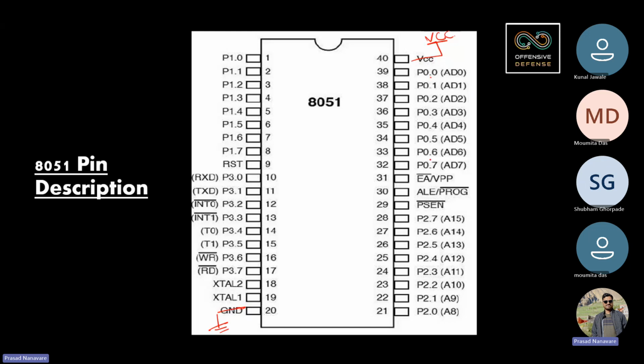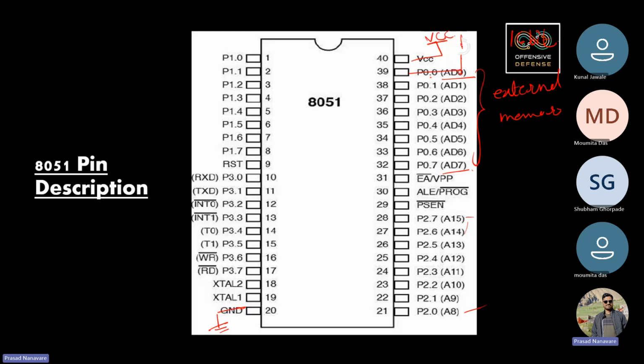Then we have port 0, which is having AD0 to AD7, means it is related to external memory. एक्सटर्नल मेमोरी का एड्रेस के लोअर 8 बिट्स ये एड्रेस करेगा. एड्रेस इज ऑलवेज 16 बिट. ओके, एड्रेस इज ऑलवेज 16 बिट. सो पहले 8 बिट्स इधर है, बाकी के 8 बिट्स इधर है. ठीक है, देन दिस इज बाय डायरेक्शनल जनरल पर्पस इनपुट आउटपुट and this has to be pulled up externally.